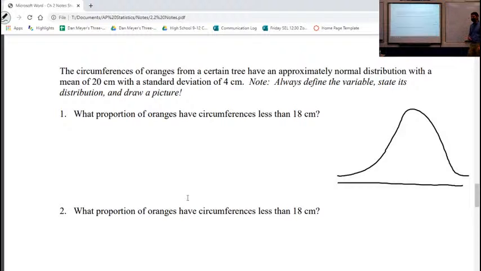So that means what number is going to go at the center here? 20. And then just to the right of it is going to be 24, another standard deviation to the right. Then next is going to be 28. And then moving to the left, we would have 16 and 12. I always track 2 standard deviations on either side.